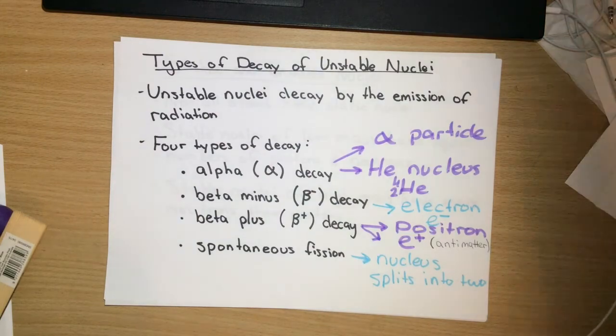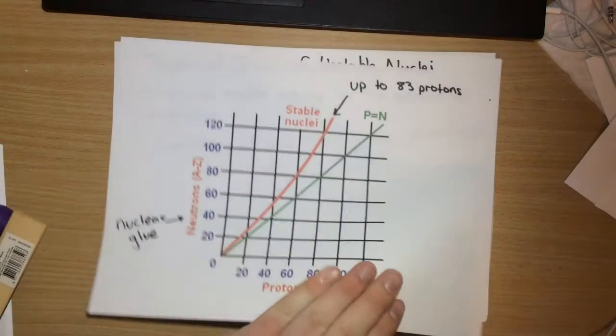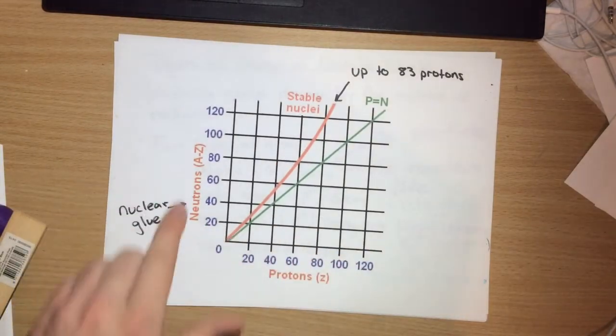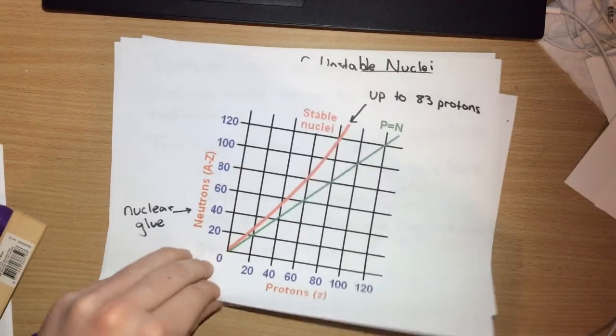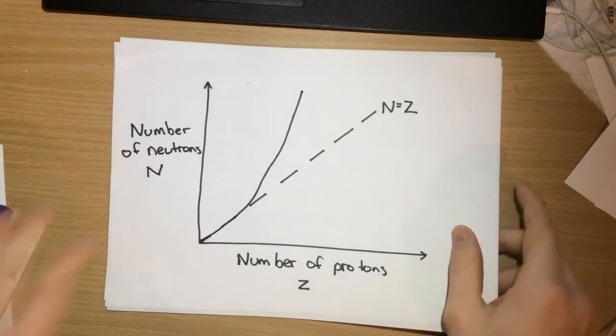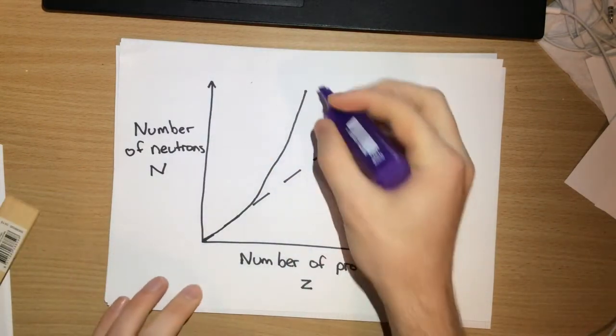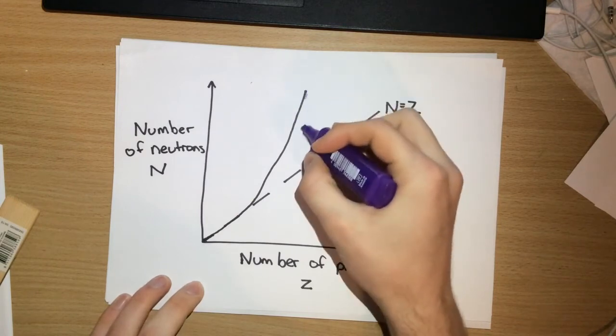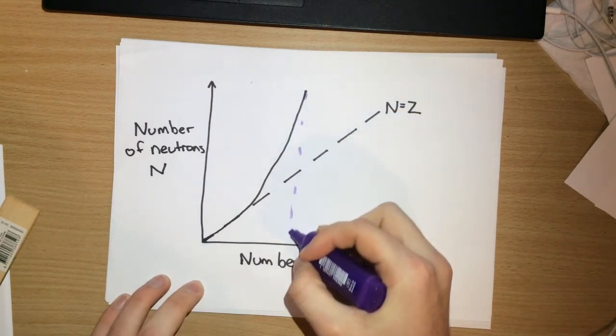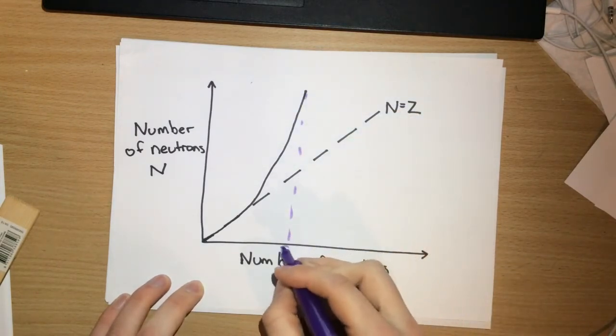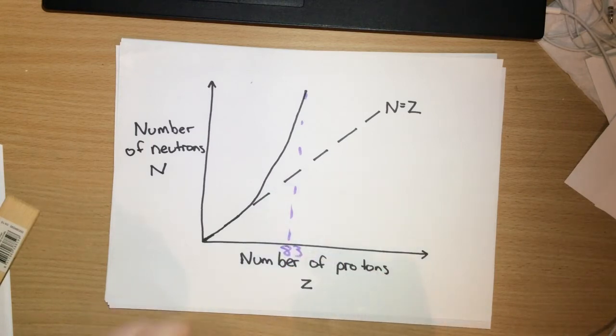We're going to have a look at a graph that is exactly what we looked at before. It's a graph of neutrons to protons. I've just sketched it up here. We know that we have stable nuclei up until the number of protons equals 83.